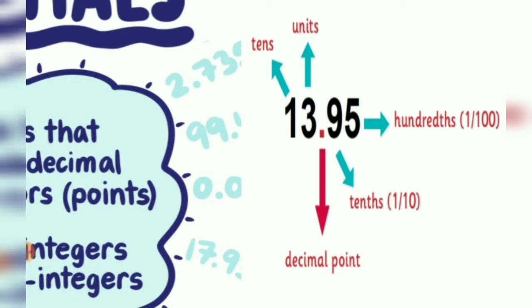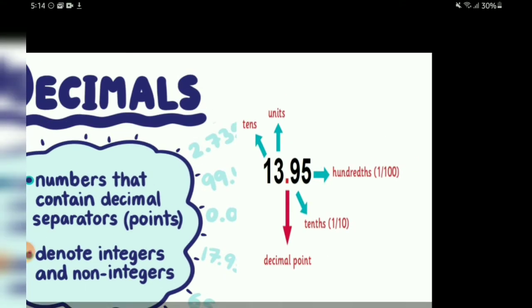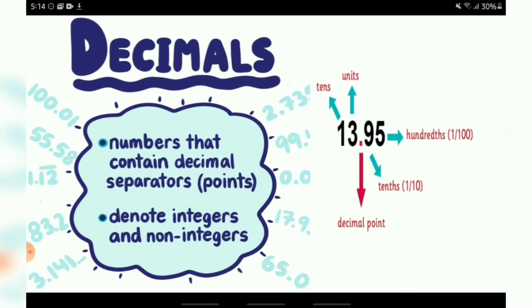The second number is hundredths, 100, then we add ths: tenths, hundredths, thousandths, ten-thousandths, like that. You should always know these tenths and hundredths, because this is the only thing that helps in the conversion of decimals. So I hope you get the topic of decimals.